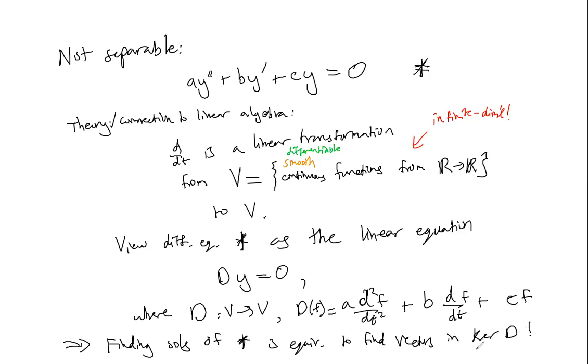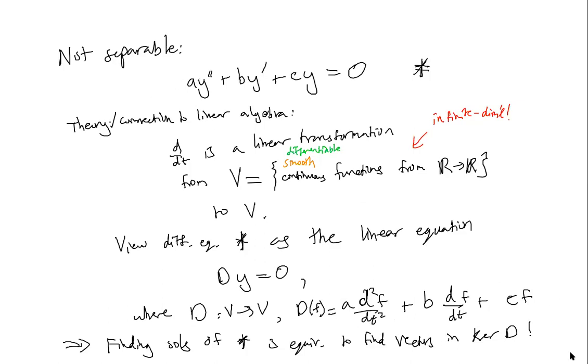And this is something we've talked about for almost all of the semester. How do you find a basis for a kernel or a null space? So this is exactly what we're doing. When we're solving differential equations, we're trying to find a certain basis of the kernel. Except now the only tricky thing is that this D is going from a vector space that's infinite dimensional instead of some R^n. So it's a little more confusing maybe, but the principle is still the same. We're just trying to find vectors in the kernel of D.